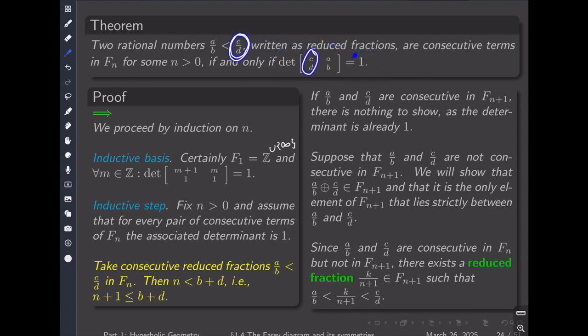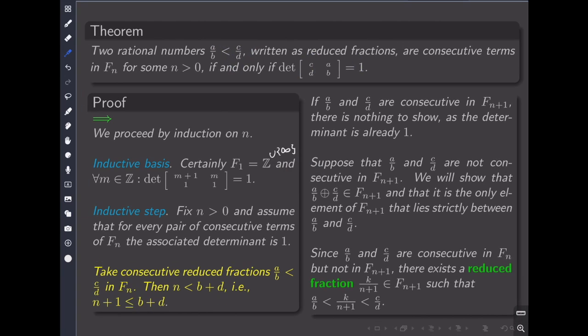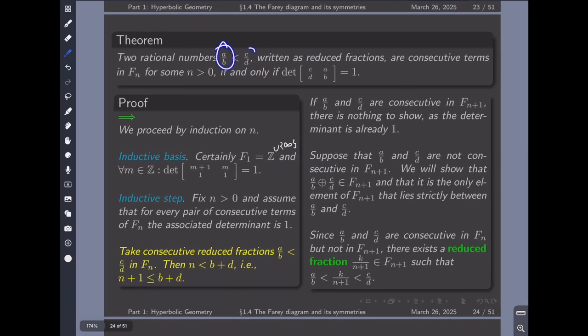If I write them kind of randomly, then I do have to write plus or minus 1. The inductive base is obvious. This we have said many times already.